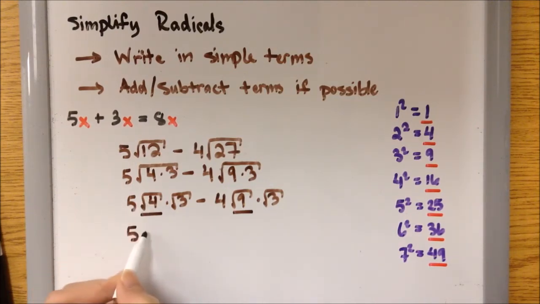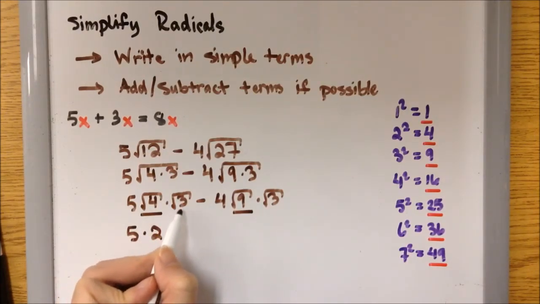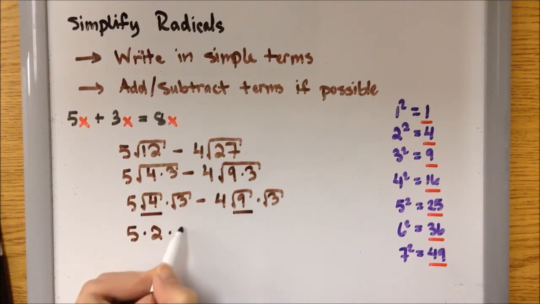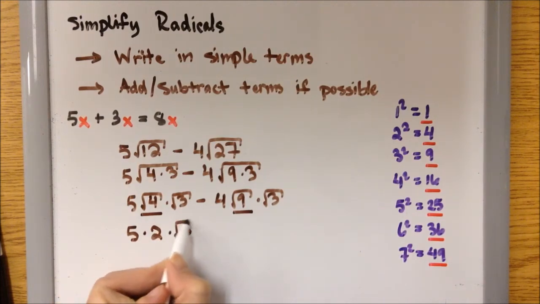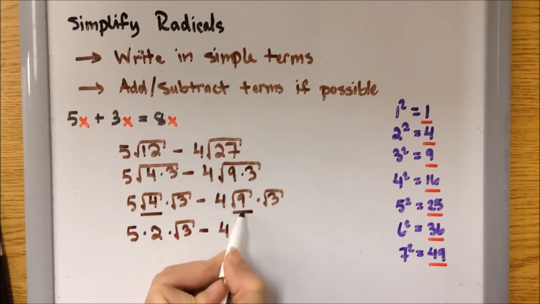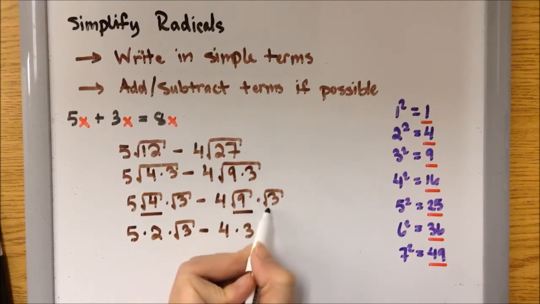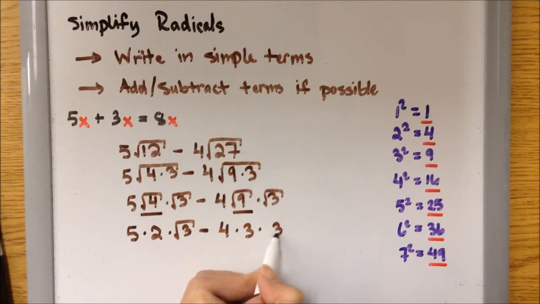So square root of 4 is 2. Can't do anything to the square root of 3, can't simplify, can't break it down. So I'm going to bring down the square root of 3, bring down the minus, then bring down the 4. I can apply the square root on the 9, which is 3. Can't simplify or break down the square root of 3, so I'm just going to bring down square root of 3.